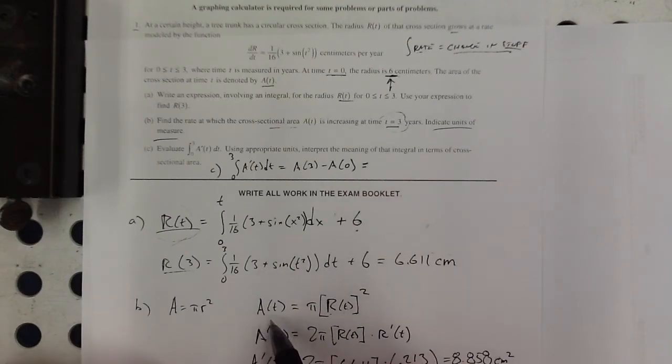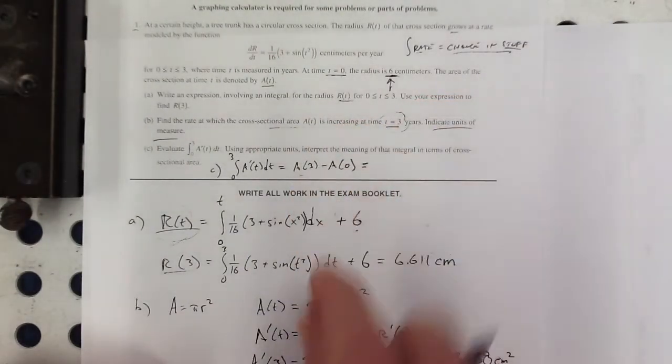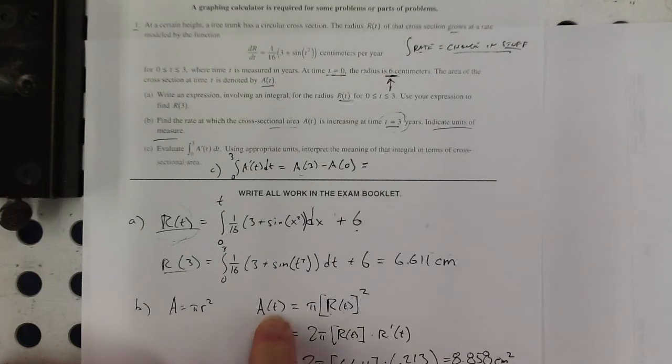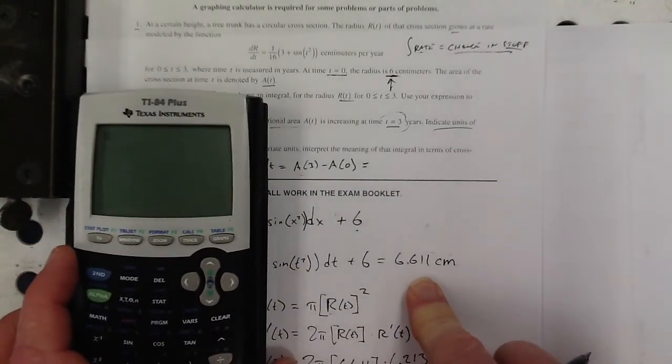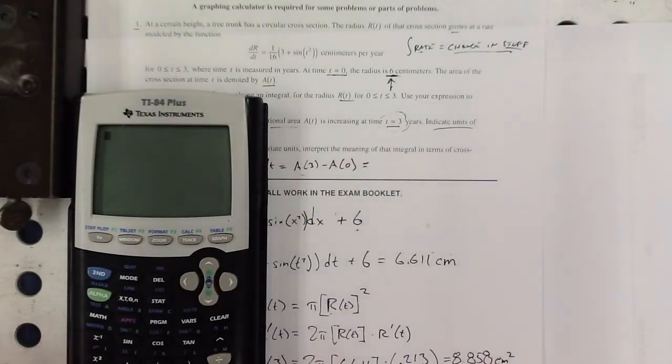So the area at time 3, plugging 3 into this, is pi times r of 3 squared. But I have r of 3 here. Okay, so that area at 3 is pi times 6.611 squared.